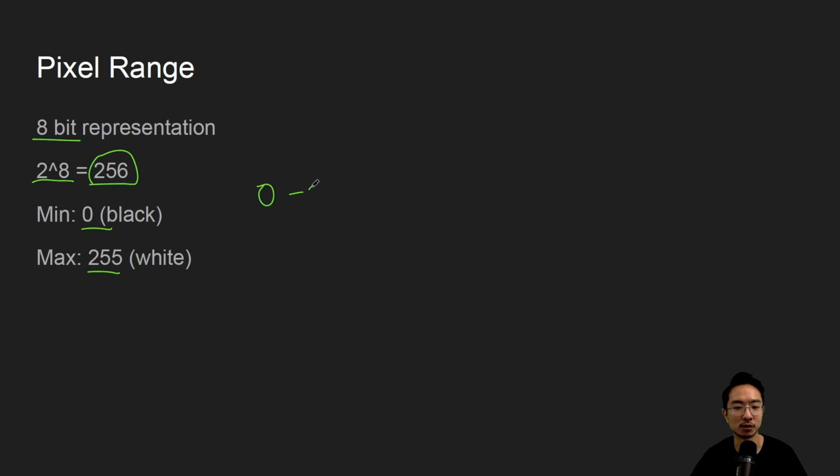So 0 to 255, you get a total of 256 numbers. And 0 will usually correspond to black, and the highest value will correspond to white. So that's how you actually use the numbers. And sometimes you might see the range shifted so that the middle is actually half of 255. So depending on what convention, you may see different representations for your pixel values.